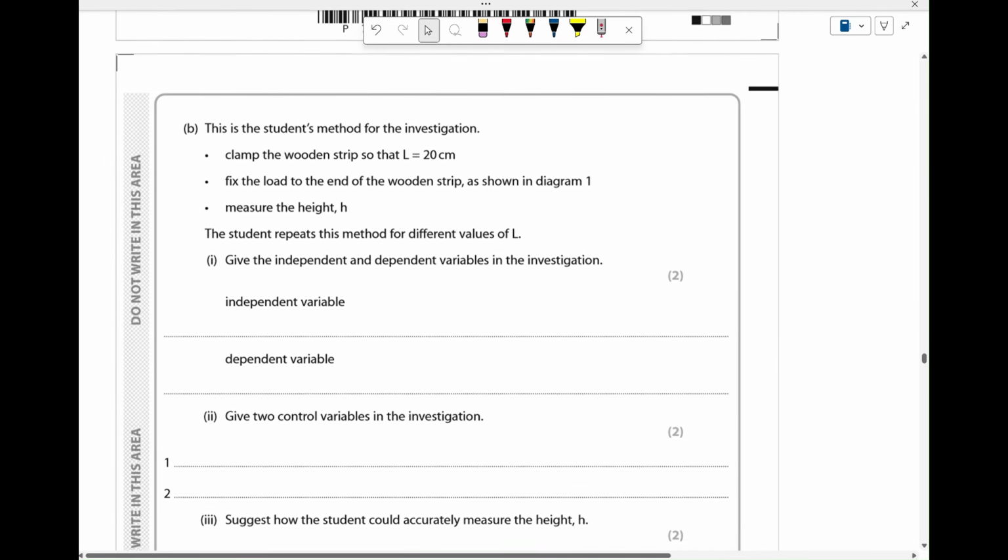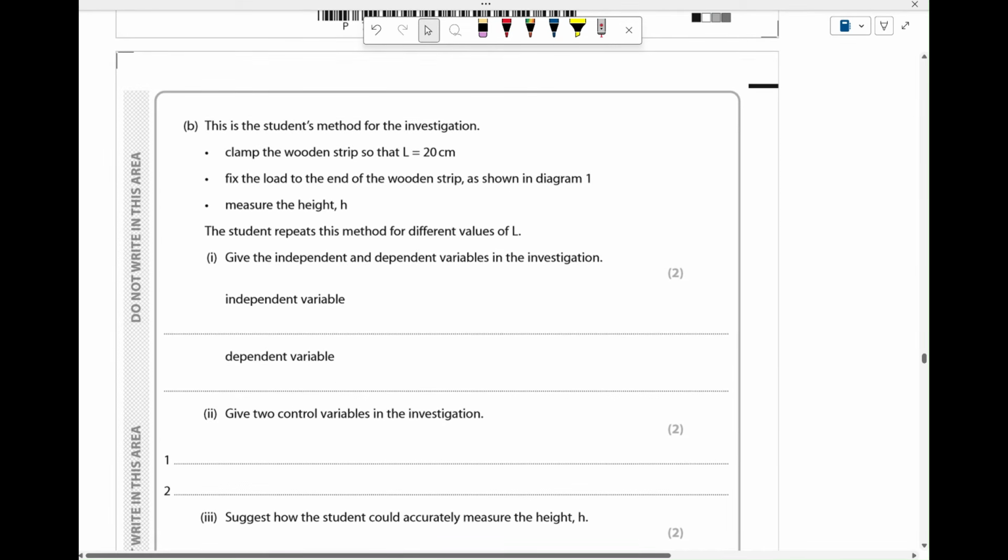Part B. Okay, what you are doing is changing the length. The independent variable is what you change, so you are changing the length, and you are measuring the height, how far down it bends.